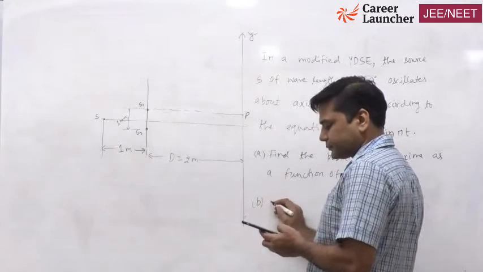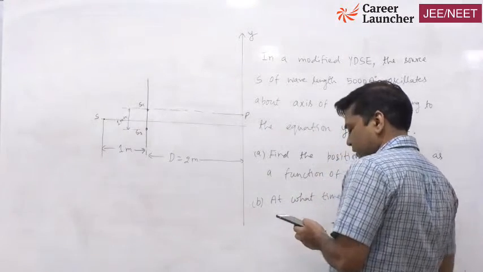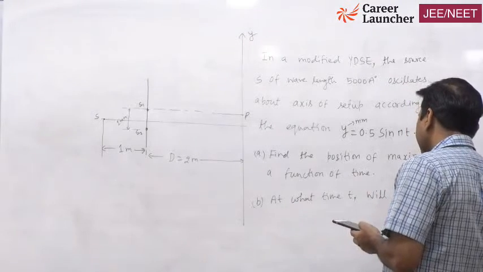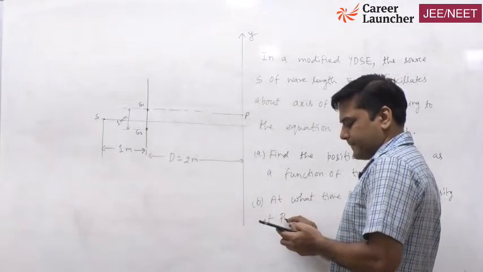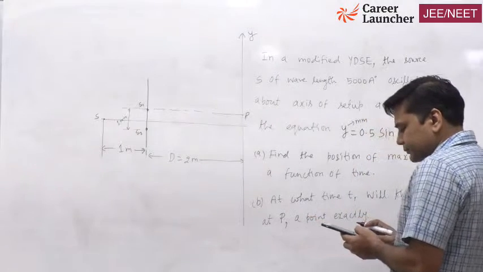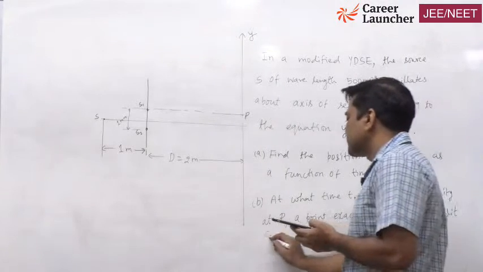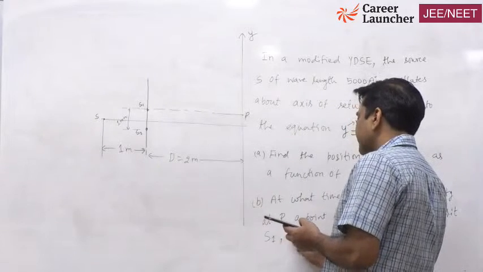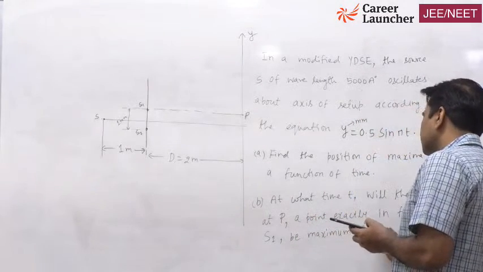B. At what time t will the intensity at P, a point exactly in front of slit S1, be maximum for the first time.